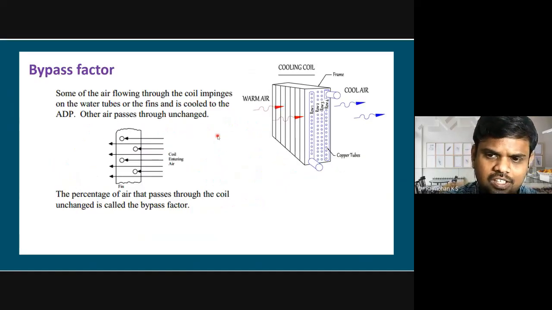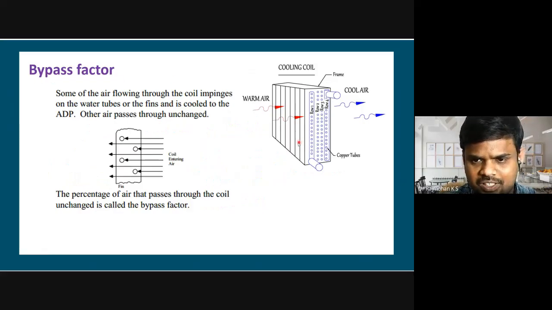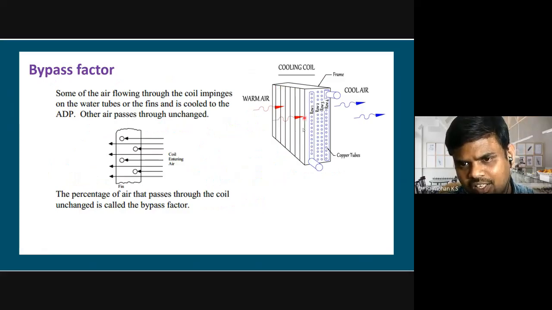And there is a factor in refrigeration they call the bypass factor. We are having a cooling coil, where warm air enters. In ideal conditions, each warm air molecule is supposed to reach the surface of the cooling material, get cooled, and then leave.